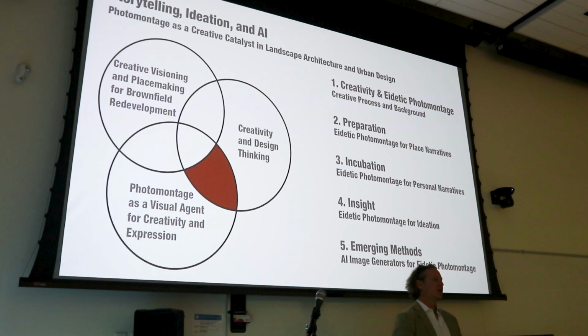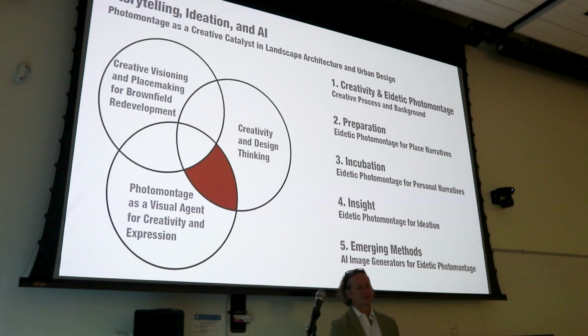My students work with communities, mostly in the Great Plains, but also in other parts of the country. Creative thinking and design. I'm very interested in creative processes, the design process, and how we can apply that in landscape architecture and other design fields. And photomontage as a visual agent for creative thinking, both for generating ideas, but also for communicating.